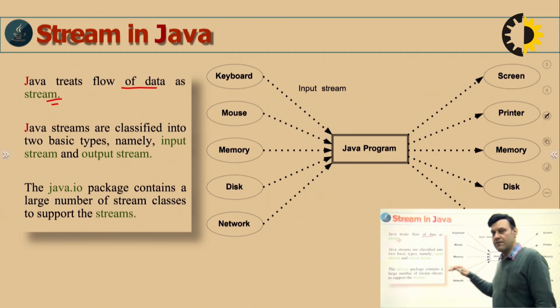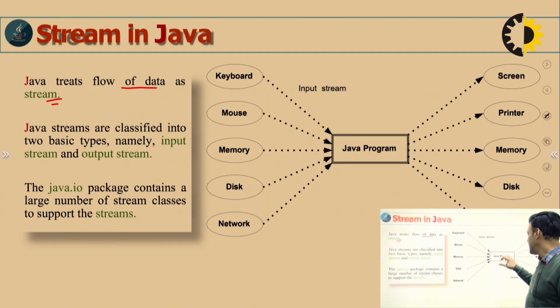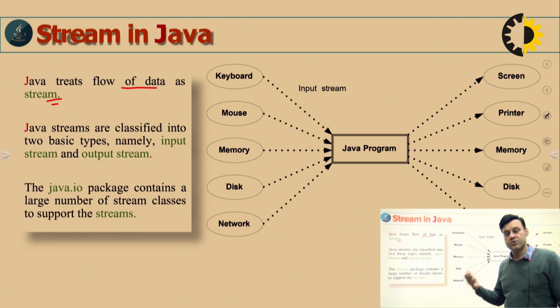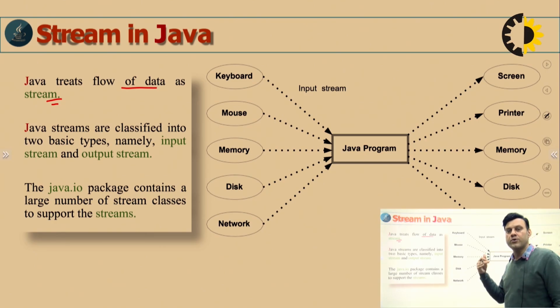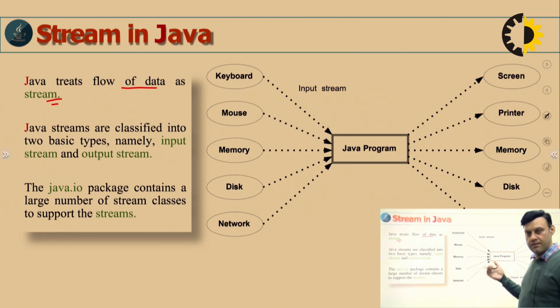The Java program will take that input stream and generate an output stream, and the output will be taken by some screen. That screen will show some output. A printer is an output device, so we can take output from a printer. We can also write some content to memory, to some disk, or to some other network.